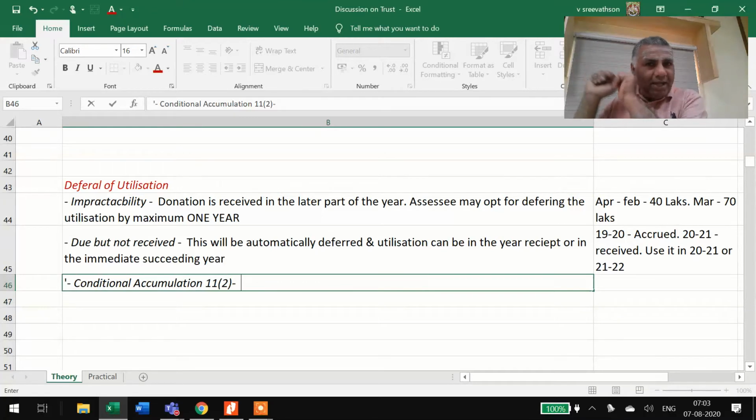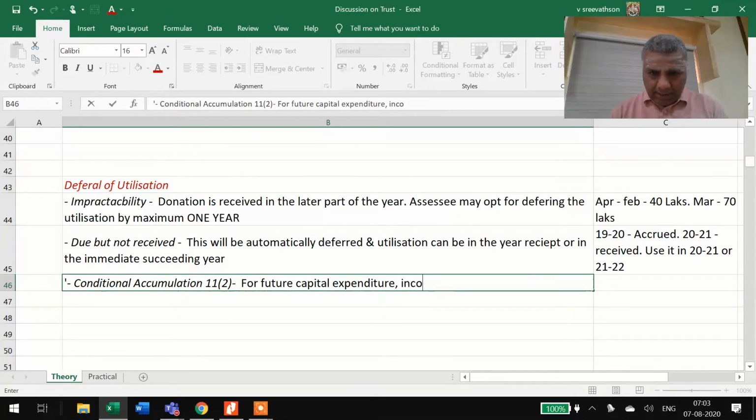What I am doing is accumulation with conditions, so it is known as conditional accumulation. For future capital expenditure, income can be set apart.